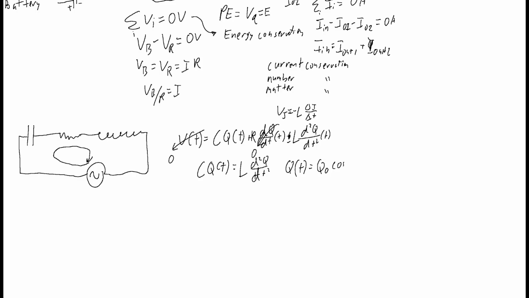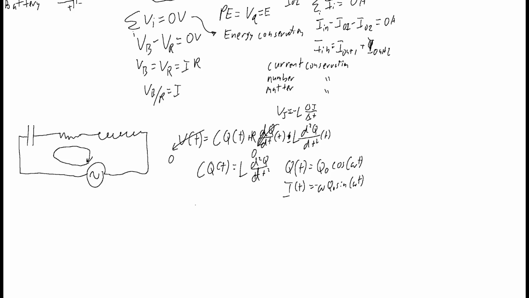You get something that looks like cosine omega t, like so. Then we also get the current, even though there's no resistance in here, and this becomes omega q naught, and cosine is coming down, so I need a minus sign. So sine omega t.